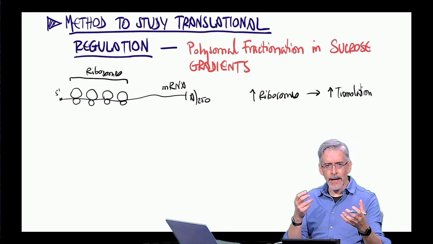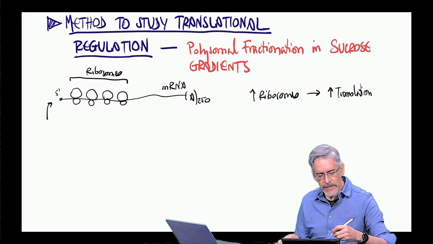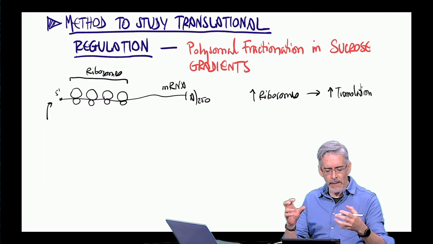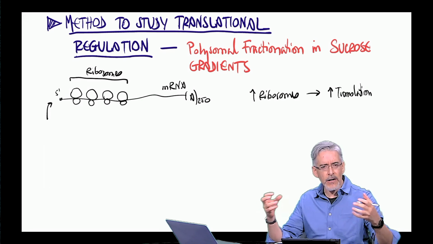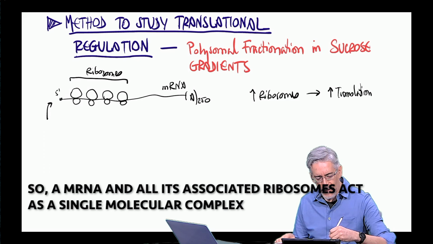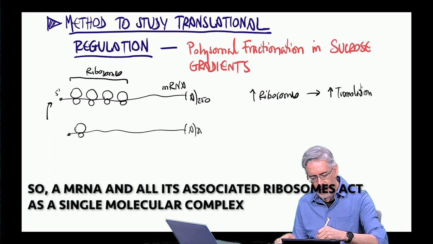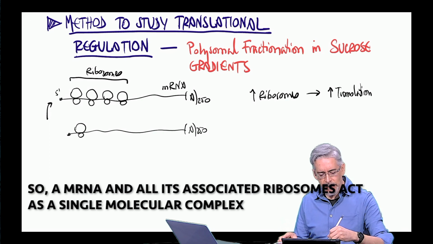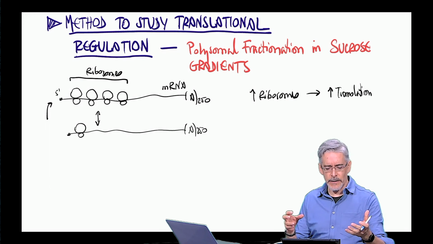And another key idea is that messenger RNAs that have ribosomes associated to it behave as if they were larger complexes. So having only one ribosome associated to a messenger RNA is different from having many ribosomes associated to it.